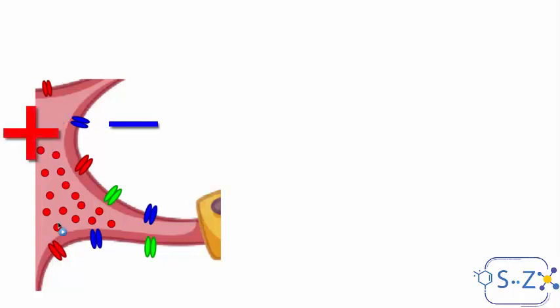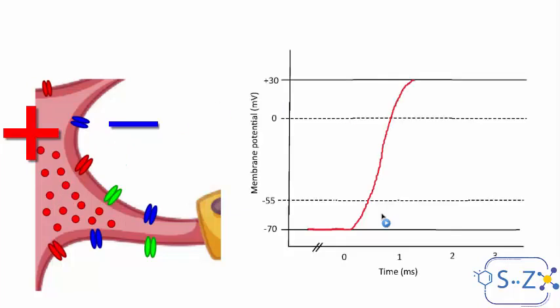We have inside positive and now outside negative. This will cause an action potential to start, because it is above the threshold level. It's a strong stimulus, strong enough to generate an action potential.